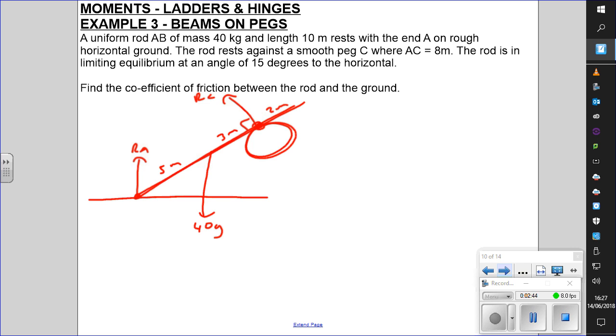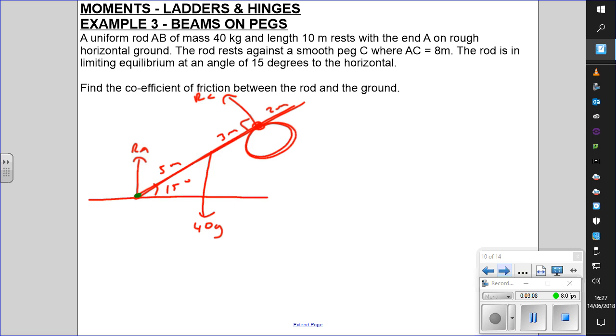Okay, great. And it's in limiting equilibrium, and remember it's rough, right? It has to be, otherwise this thing would slide off the floor. It could be that the peg was really rough and that was keeping it attached, but it's not. This is smooth, so there's no friction at the peg, but there is friction at the ground here.